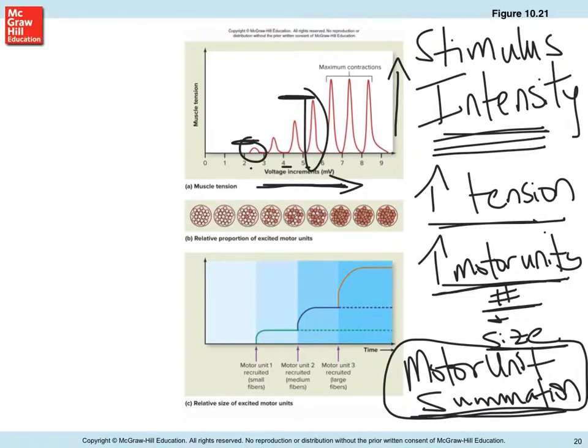And that correlates back to the number of motor units. If you have just small motor unit involvement, small fibers, then you have a lower level of tension. As you increase the number of motor units and you add larger motor fibers, larger activity of the muscle, then you will see an increase in tension.